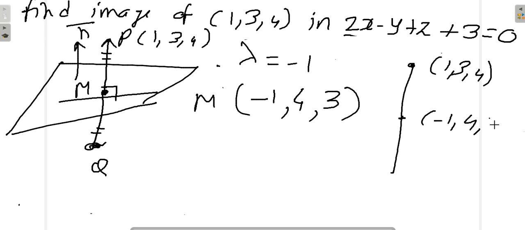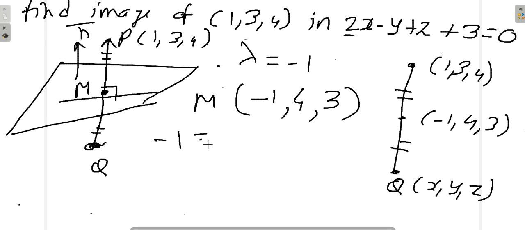This is (-1, 4, 3). And let us take the coordinates of Q as (x, y, z), which is the image, and this is the midpoint. So minus 1 will be (1 plus x) upon 2, and that gives you x as minus 3.